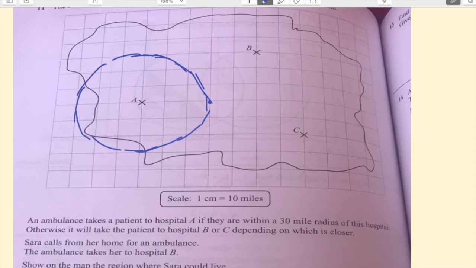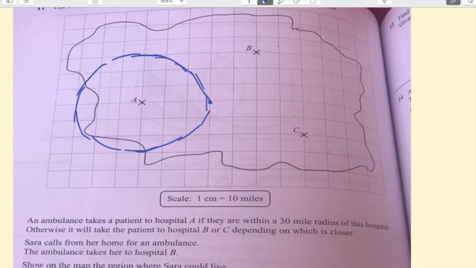So if you take your compass and center it on B, make sure the distance of the compass is over half the distance between B and C. There's no point drawing a circle like this around B because it's not going to help. It doesn't matter what the distance is exactly, as long as it's over half the distance between B and C.